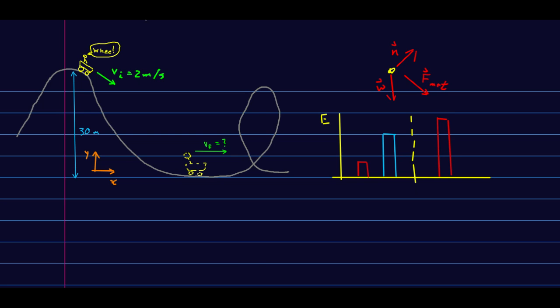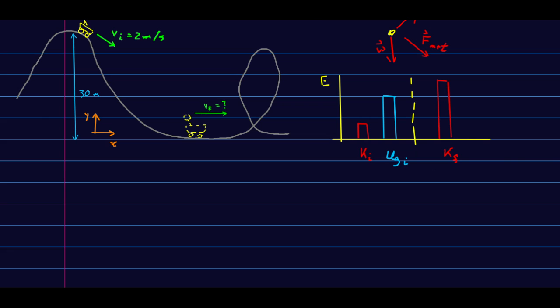And so there's the energy bar chart. And so I can write my conservation of energy, which I can rewrite like so. And conveniently, the mass is going to cancel out.